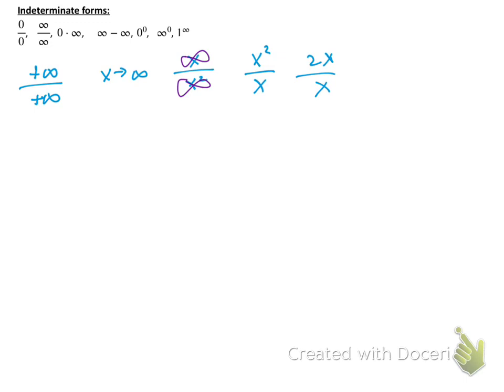Then we have the powers. The indeterminate forms of powers will be 0 to the 0th power. Anything to the 0th power is 1, if the base is not 0, but 0 to any power is 0. So 0 to the 0 power is not defined in the first place.